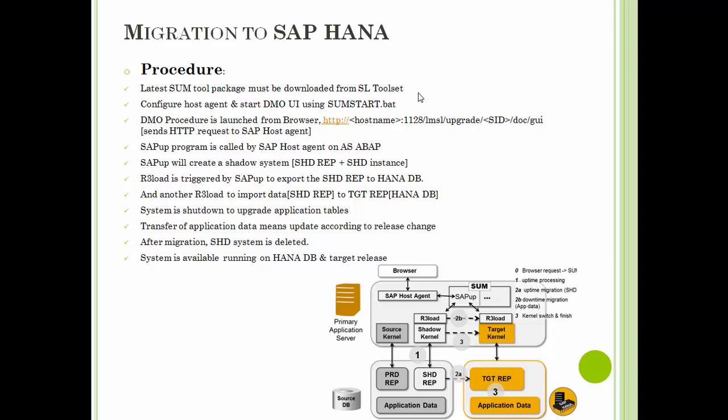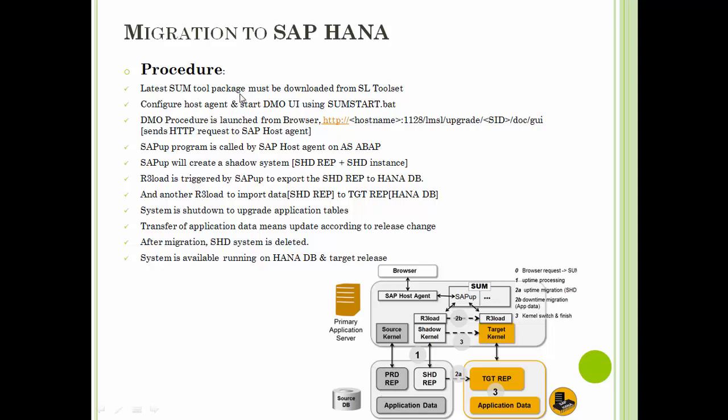And we know that the source database comprises of application data and the repository. This source repository is regarded as the PRD repository here, that is production repository, which is used by the system. Okay, so with this convention, we are good to proceed.